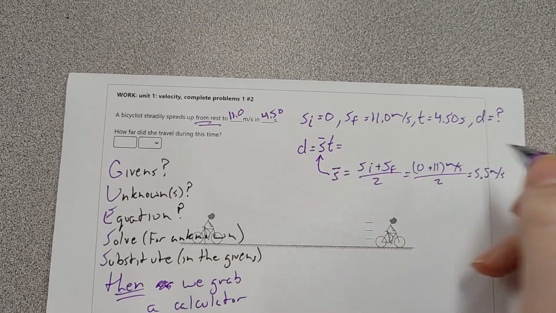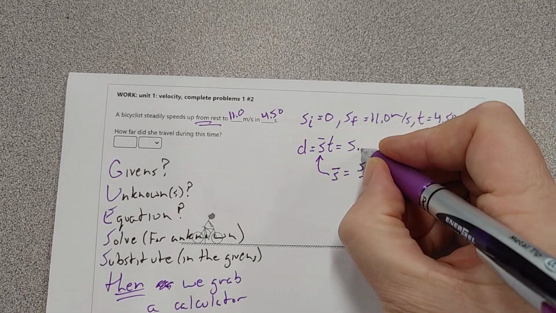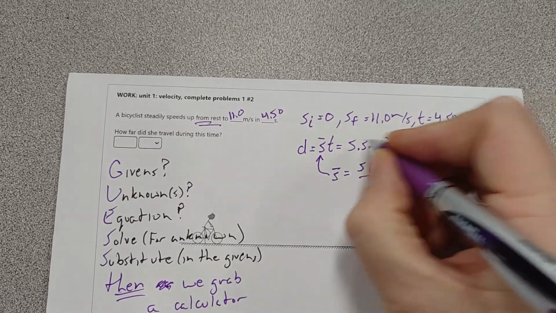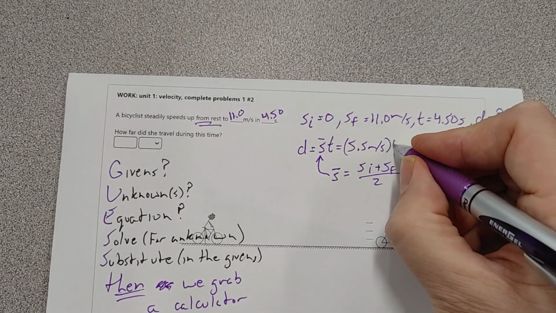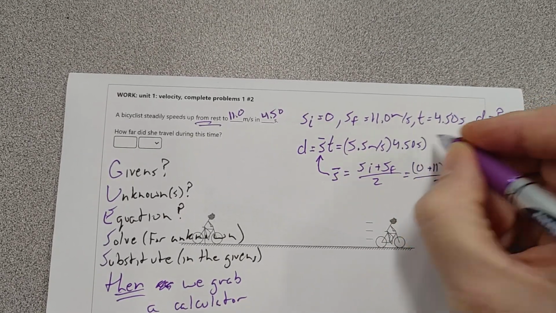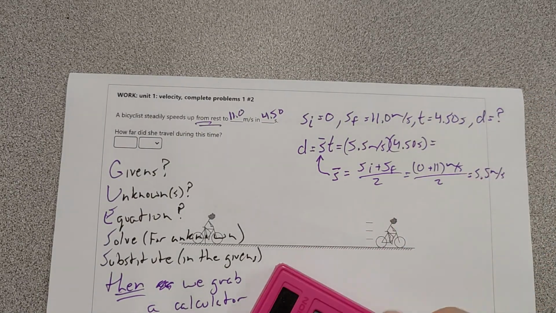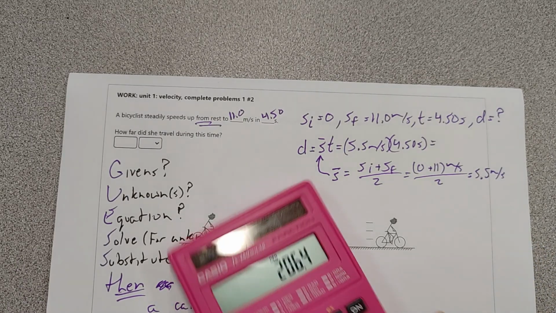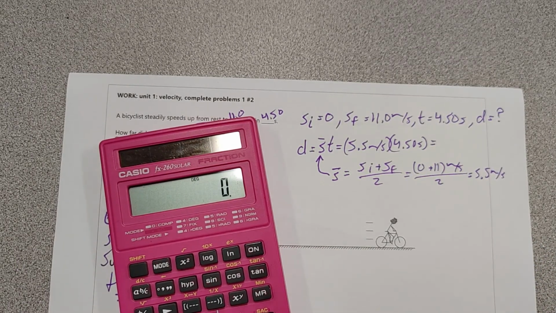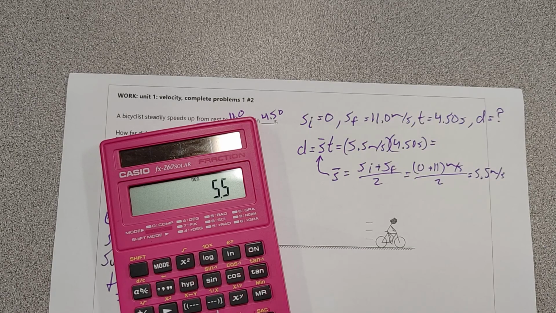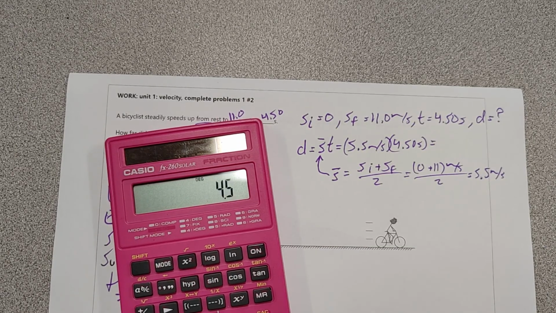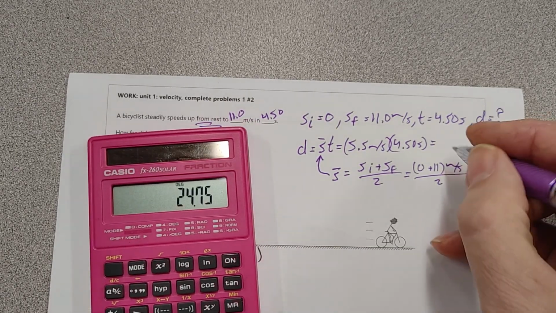Okay, now I can finish off this problem. I go back up here. I go 5.5 meters per second being multiplied by 4.50 seconds. And this is the point at which I grab my calculator. Now, I could have grabbed my calculator earlier, too. And 5.5 times 4.5 gives us 24.75.